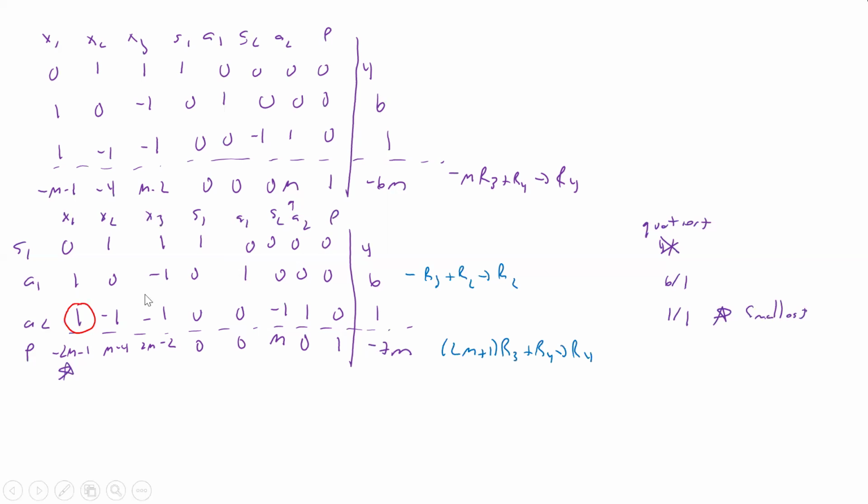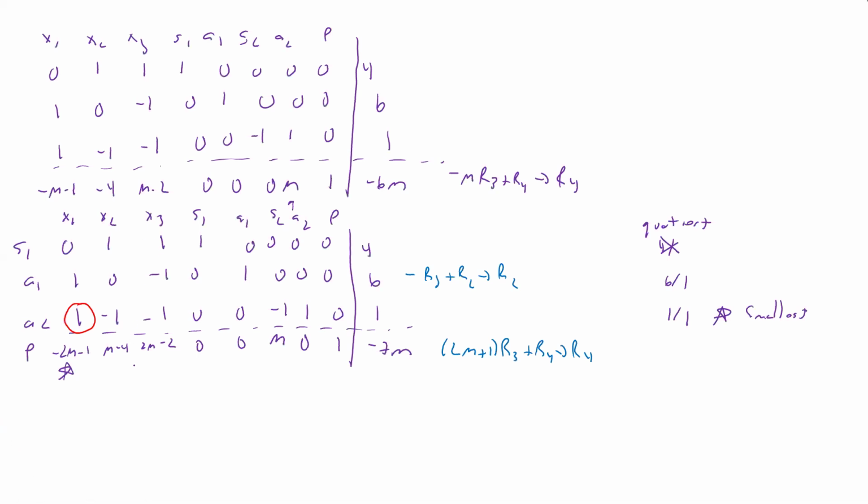All right, so let's go to that one. Let's also say what was entering and exiting. So the x1 is going to enter, and our a2 was going to exit. So it's going to be S1, A1, X1, P.